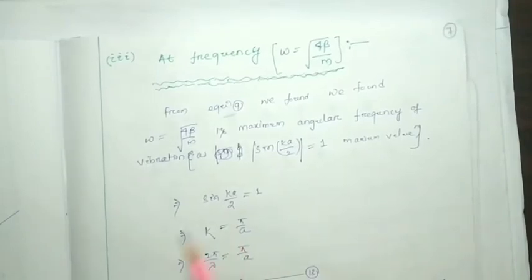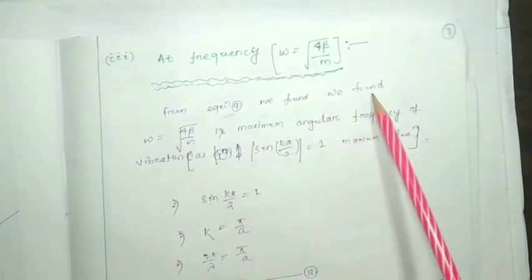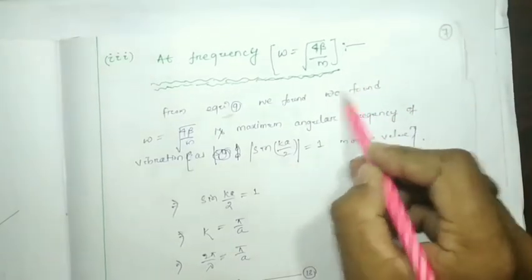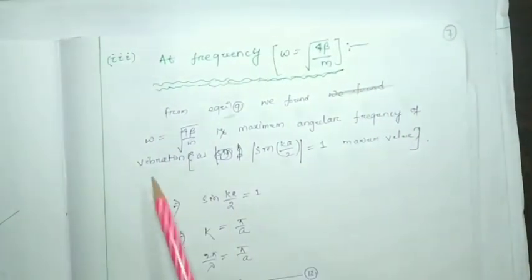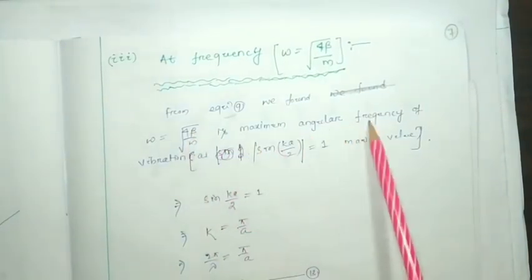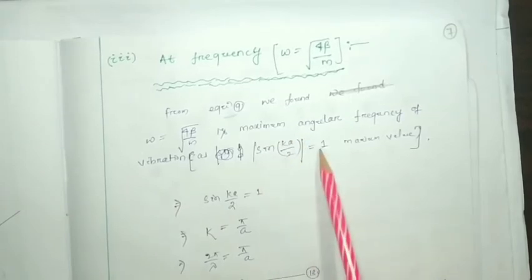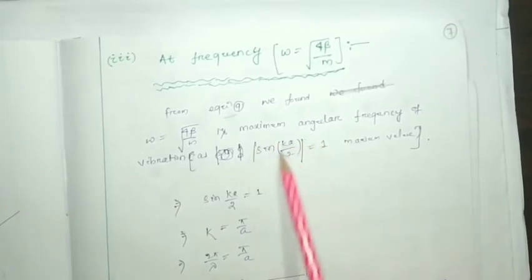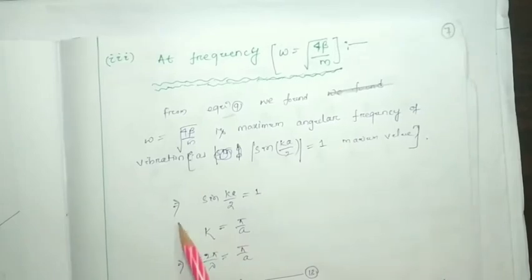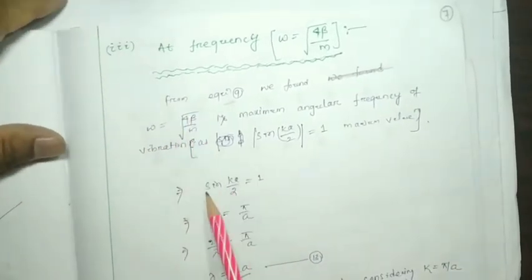Now from equation number 9 we found omega equal to root over 4 beta by m, which is the maximum angular frequency of the vibration, as modulus of sin ka by 2 will be 1; that is, the maximum value of sin theta is 1. This is possible if sin ka by 2 equals 1.